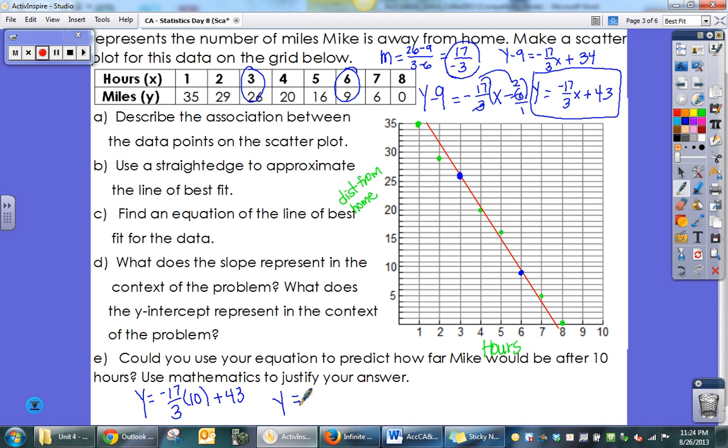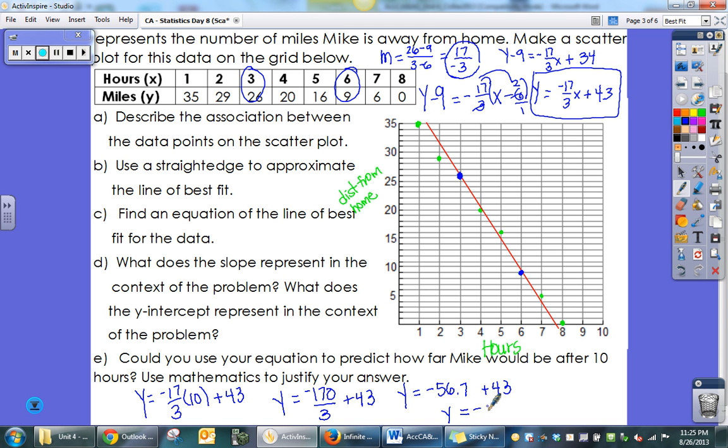So I end up with y equals negative 170 over 3 plus 43. So when I add those two together, negative 170 divided by 3 is going to give me approximately, and I'm just using approximation here, negative 56.7. So when I look at that, it's going to give me a negative answer.